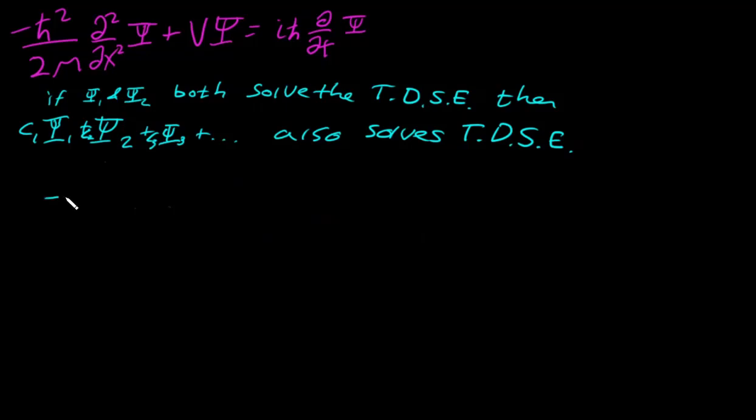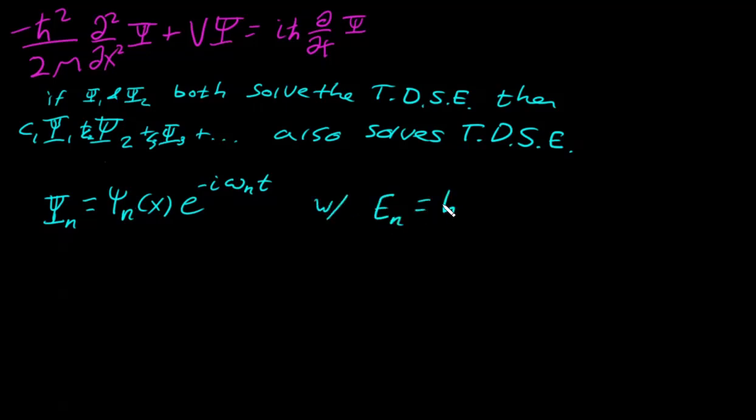So we know that capital psi sub n is equal to little psi n of x times e to the minus i omega n t, with energy En equals h bar omega n.